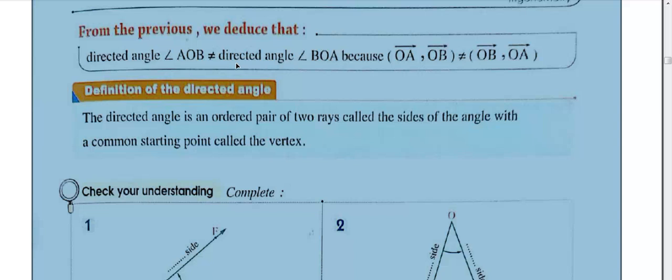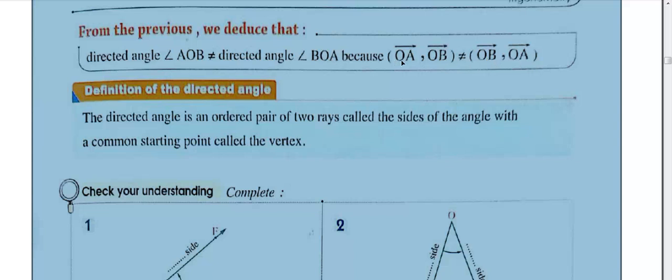We can't replace letters or write O anywhere. We must write the first projection OA and OB. O is the vertex, so we can write AOB here. And the second projection OB and OA we can write BOA, directed angle BOA.